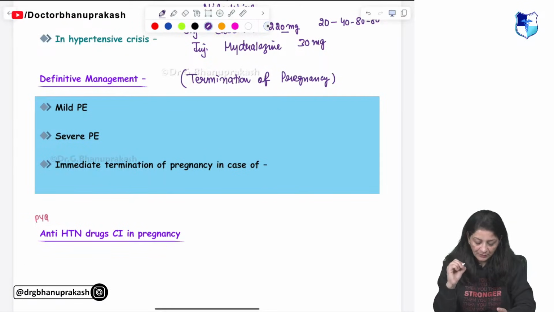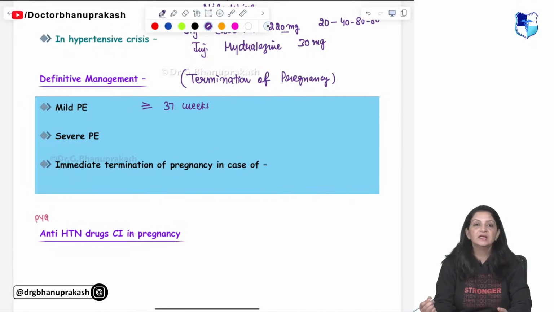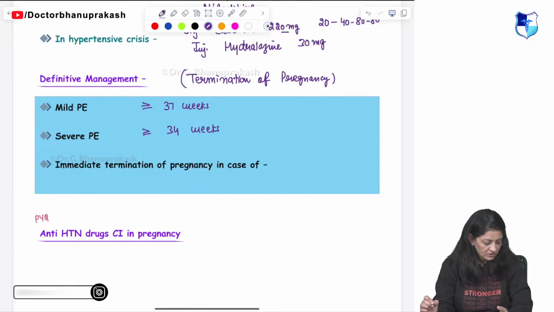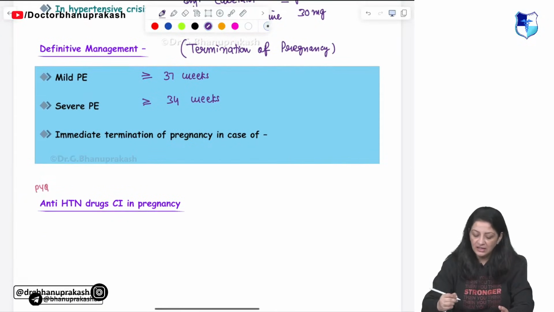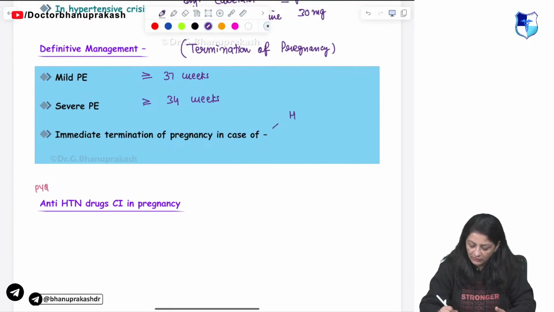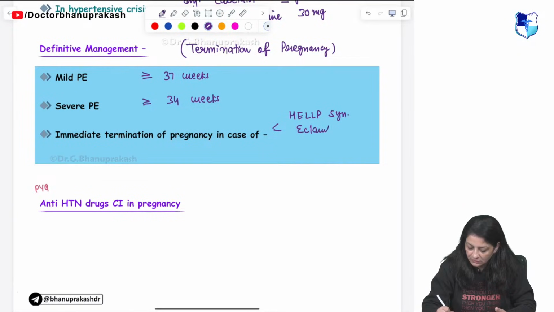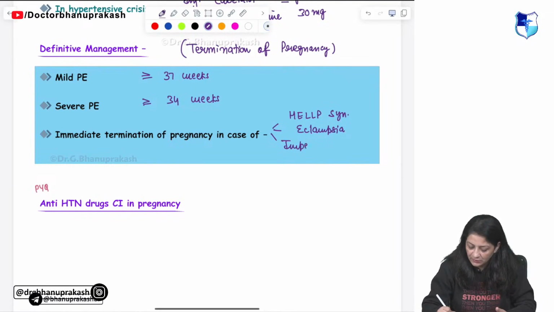In case of mild preeclampsia, termination after 37 weeks of gestation. In case of severe, after 34 weeks of gestation. So immediate termination of pregnancy in case of HELLP syndrome, in case of eclampsia, or in case of impending eclampsia.